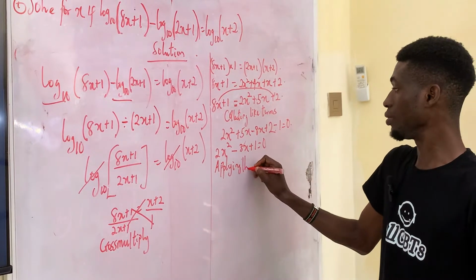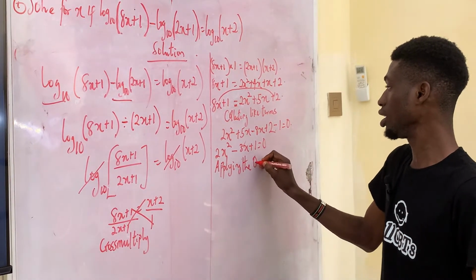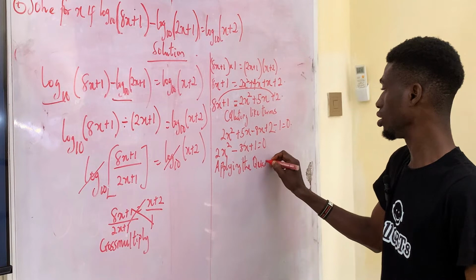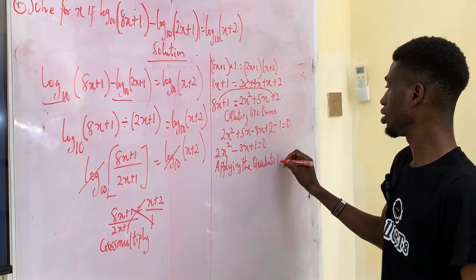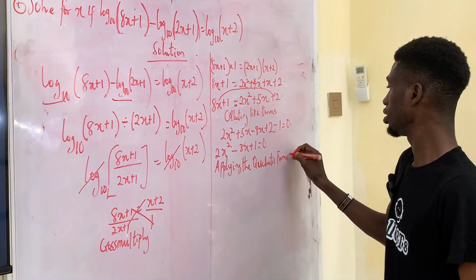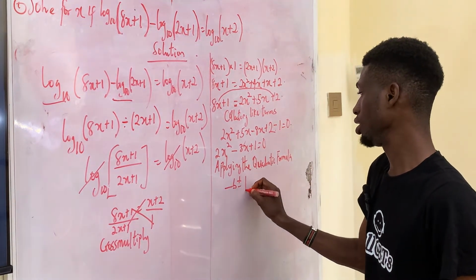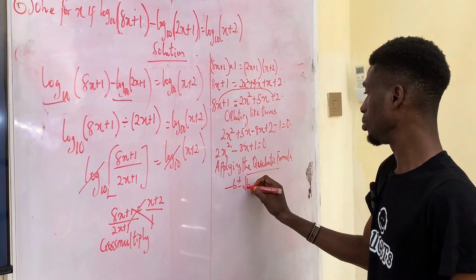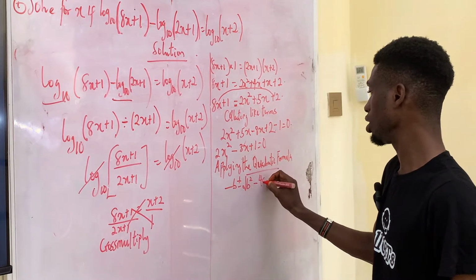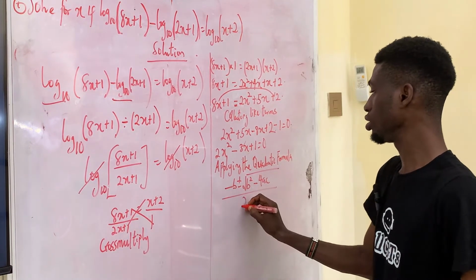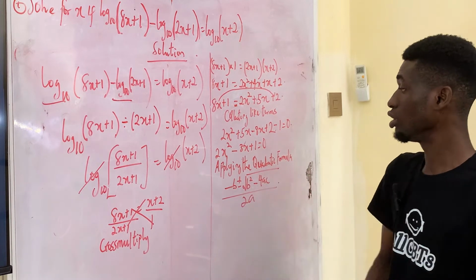Applying the quadratic formula, which states x equals minus b plus or minus the square root of b squared minus 4ac, all over 2a.